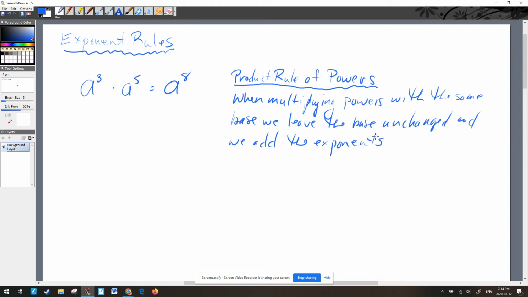Okay, so important thing is we leave the base unchanged, right? That's a big deal. And then add the exponents is the other big piece of this.